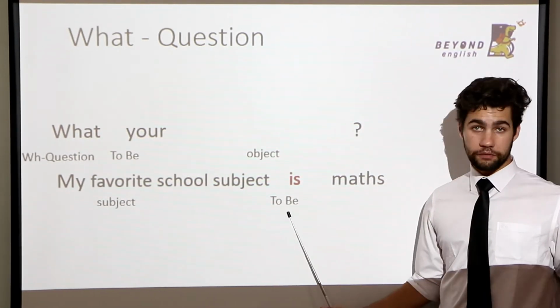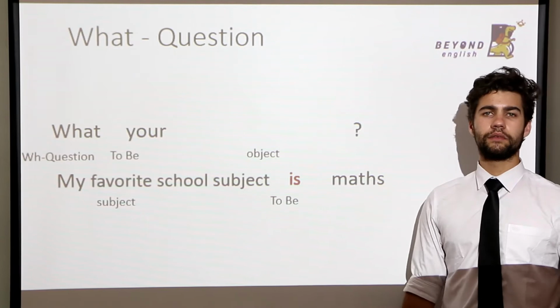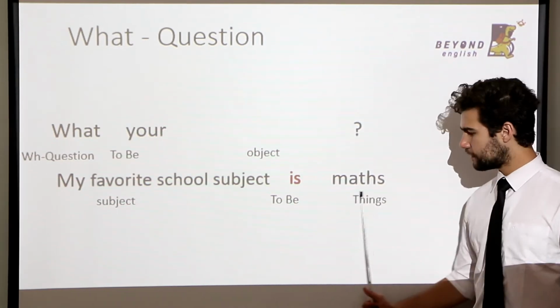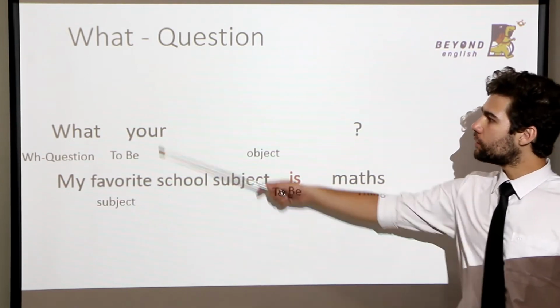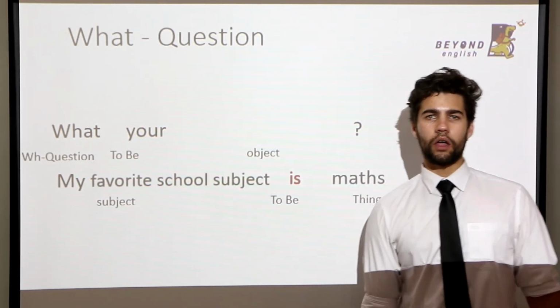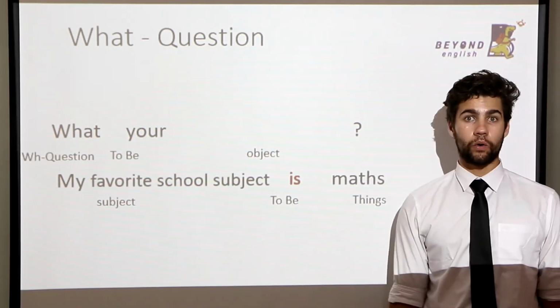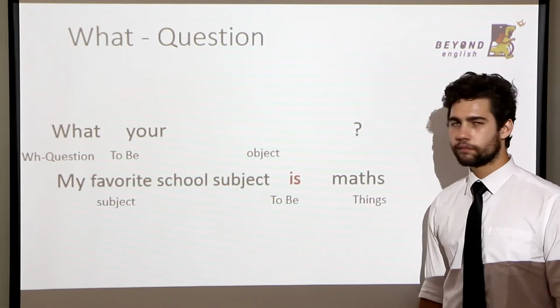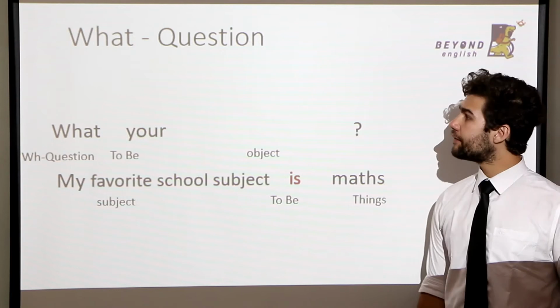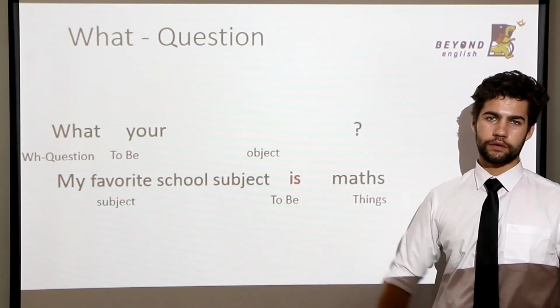Is the verb to be, and maths is our thing. Remember, when we use what, we always talk about things or jobs. Okay, there we go. That is the end of our what question.